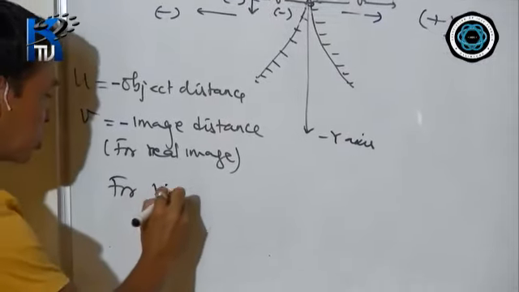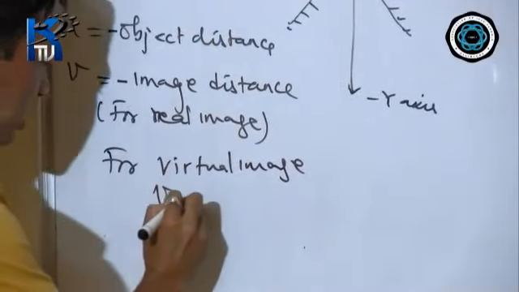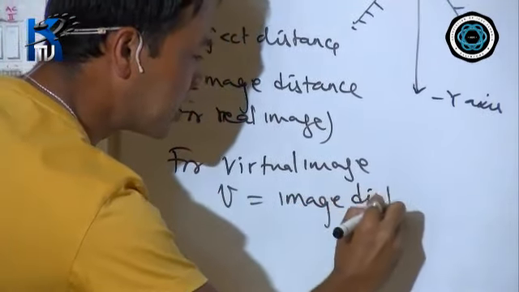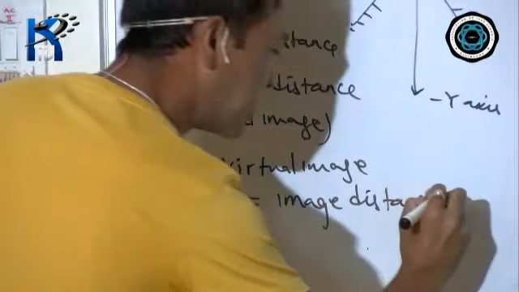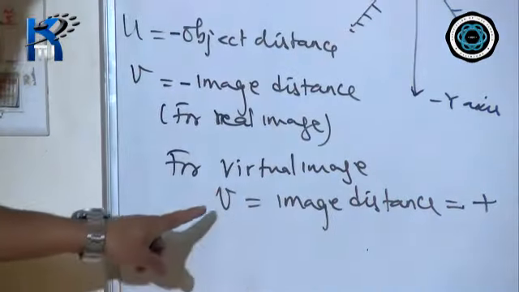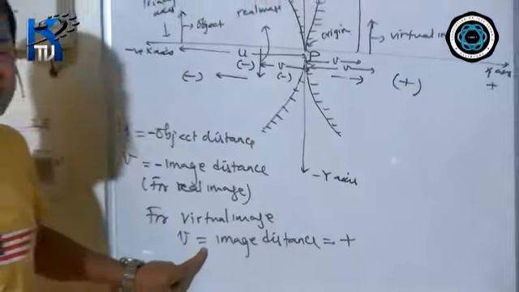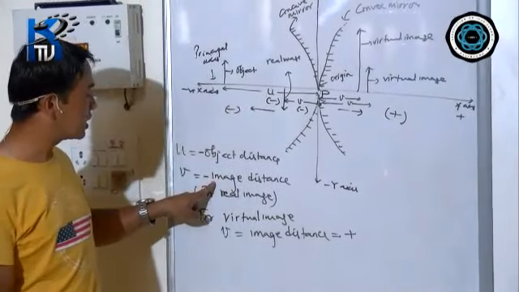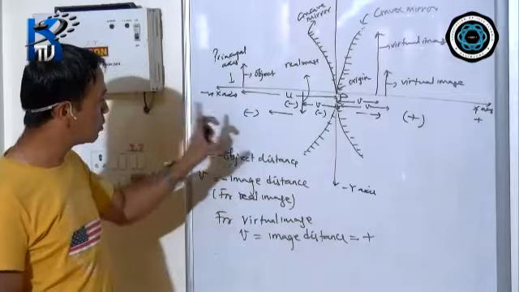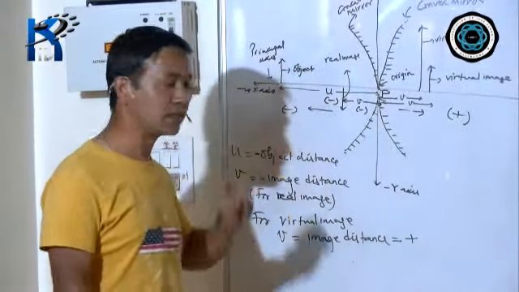So I am writing for virtual image, v, which is nothing but the image distance, is taken as positive. So this is the sign convention. Image distance is taken as positive when the image is virtual. Image distance is taken as negative when the image formed by the mirror is a real image. And object distance, whether it's a convex mirror or concave mirror, is taken as negative.